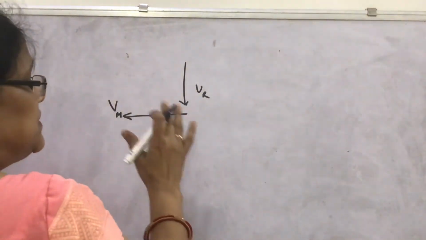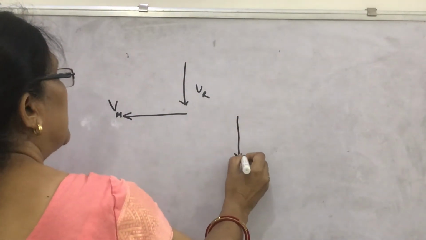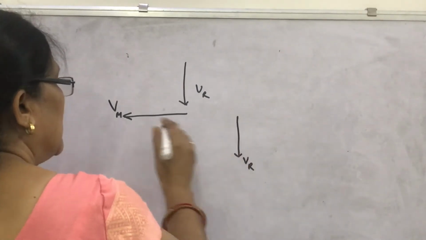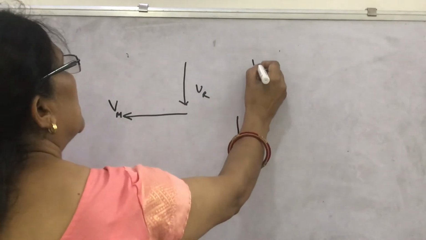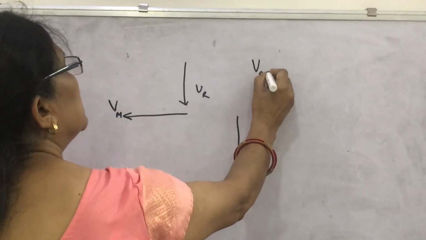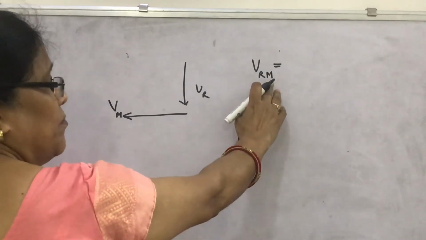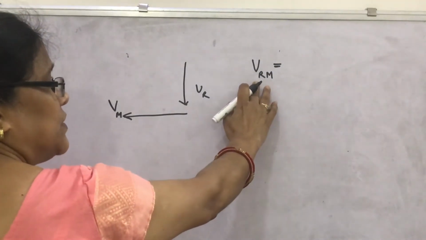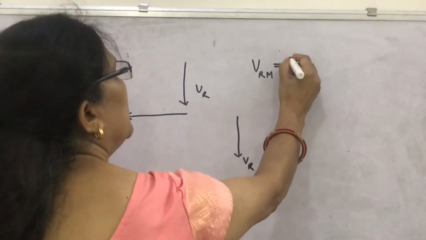Look, what is different here is that if you draw VR in this direction, then what will the man see? The velocity of rain. This is the relative velocity concept, that the man will observe the velocity of rain with respect to man. How will you find it?